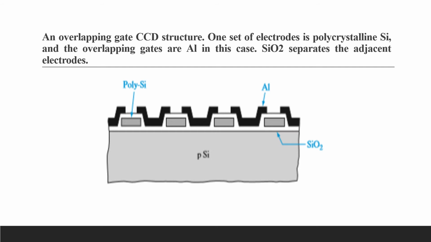Here you can see that we have p-type silicon, and then we have polycrystalline silicon at the gate, and then the overlapping gates are aluminium in this case. Here we have placed aluminium, and silicon dioxide is separating this substrate from the gates.